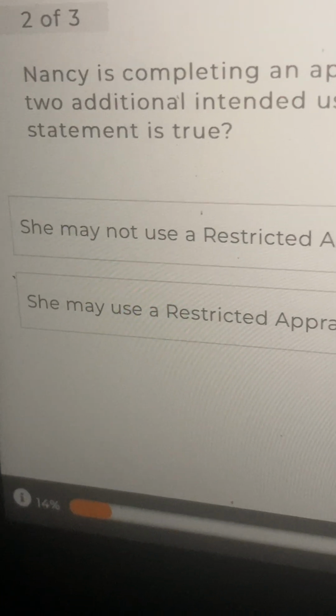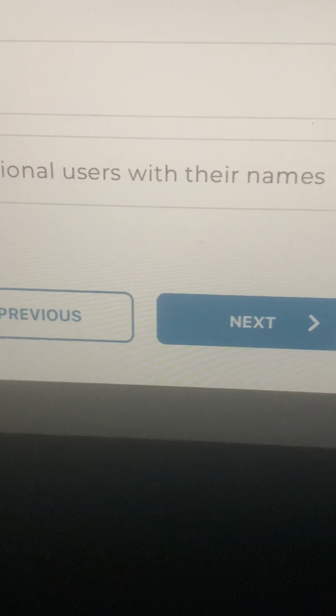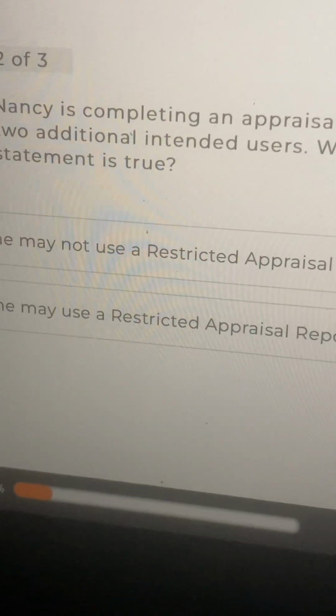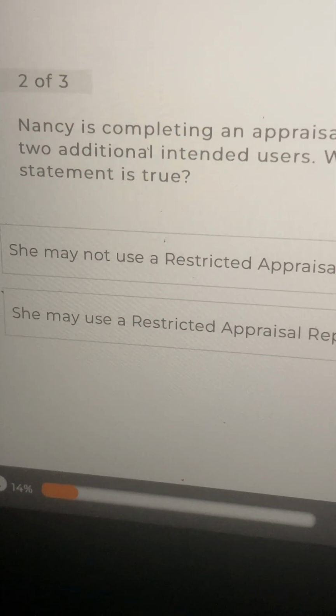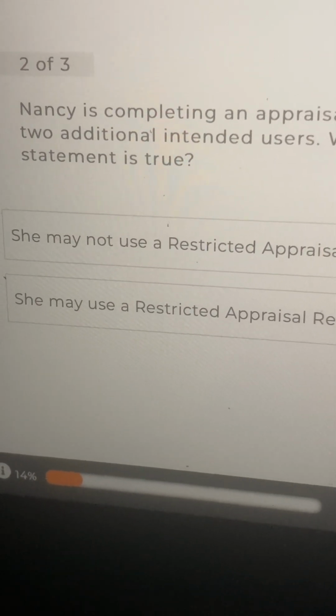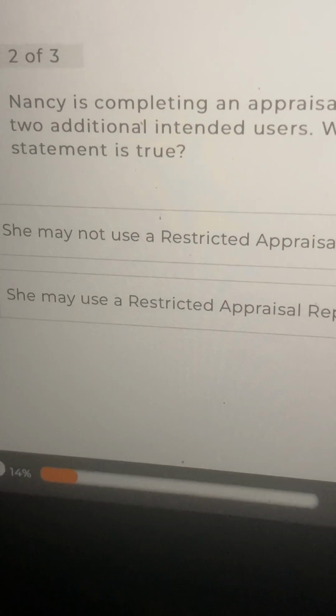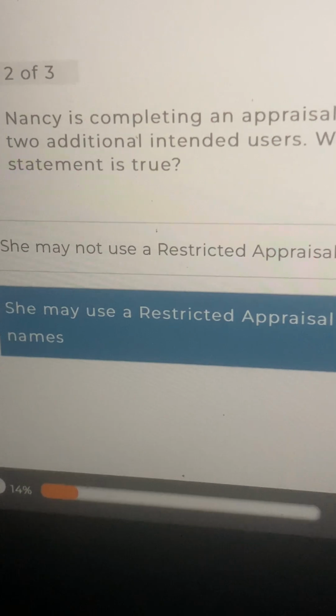Or B, she may use a restricted appraisal report if she included the additional users with their names. I'm going to go B. I'm not sure on that one, though. I think like 60% chance.